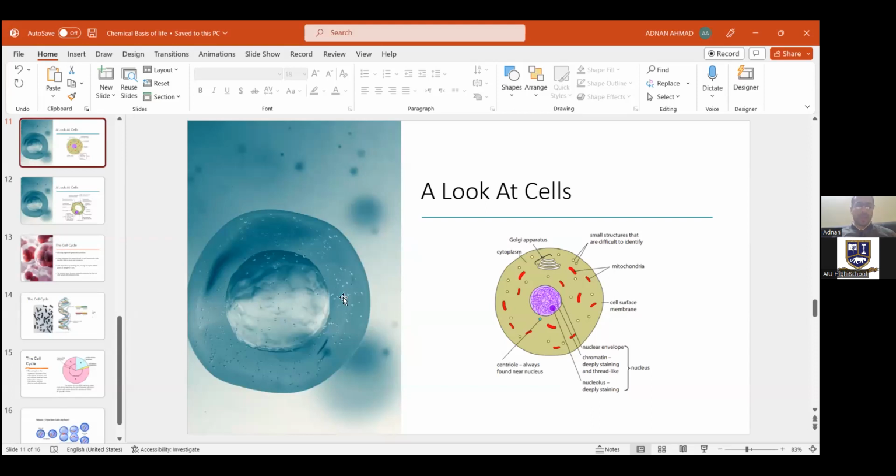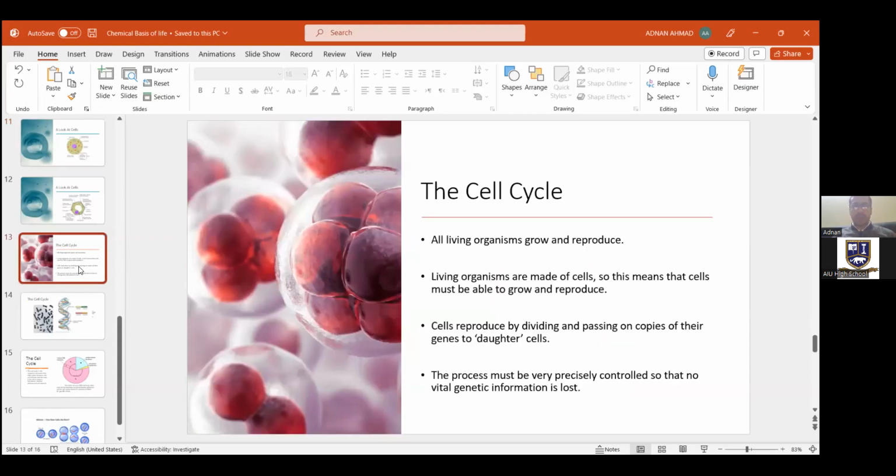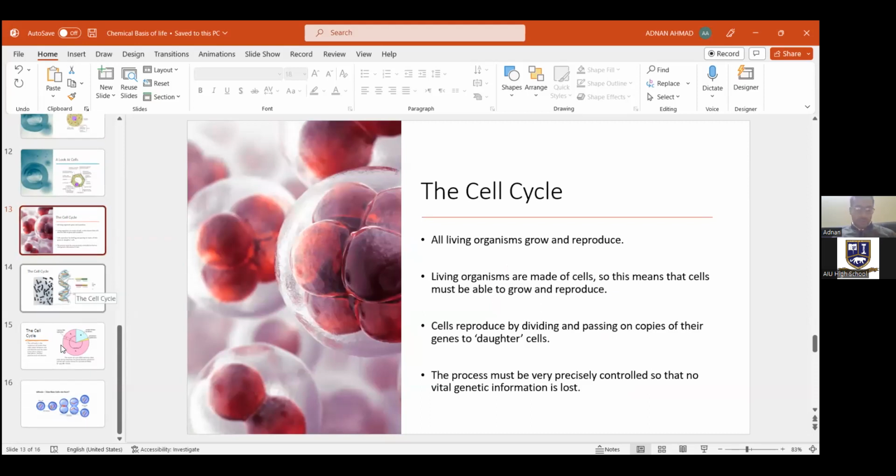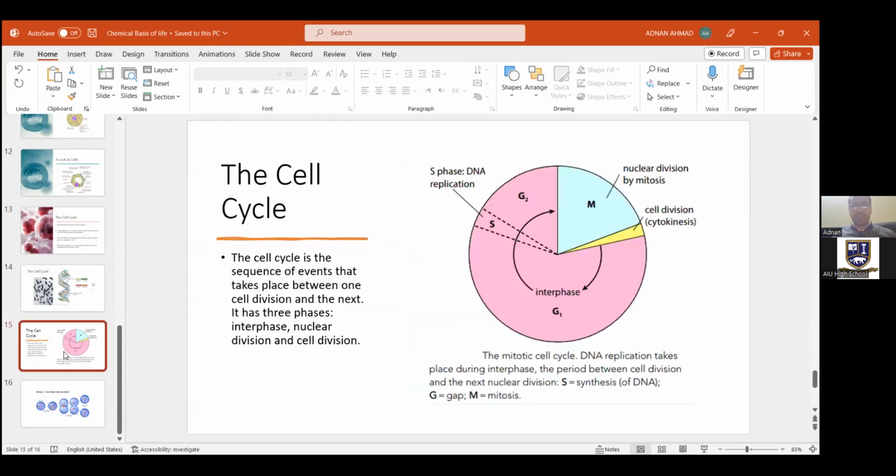And then we talked about the cell cycle, and in the cell cycle, we talked about the different stages of a cell's life. Okay, a baby cell, an adult cell, and an old cell. Okay, and a cell reproducing its copies. So in the G1 phase, the cell grows in size.